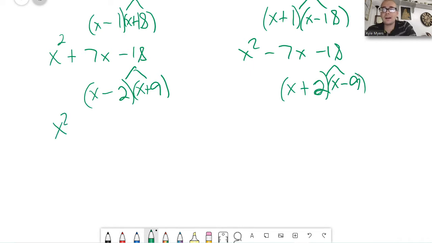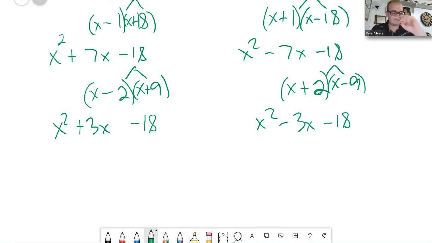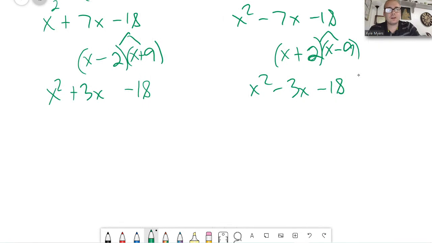Okay, so if I have x squared and I have a minus 18, the other two factors would be maybe like 3 and 6, so I could put a 3 here. Minus 3x minus 18. All right, so then I want to get factors.